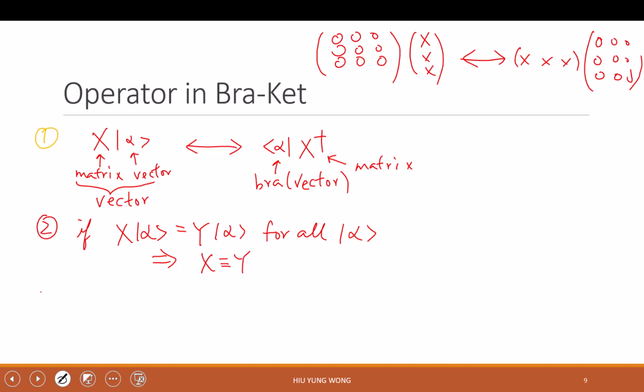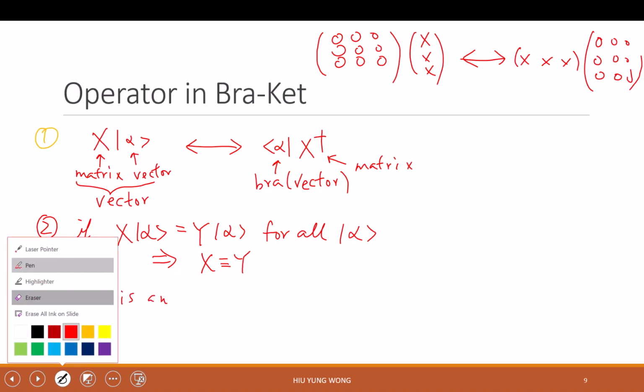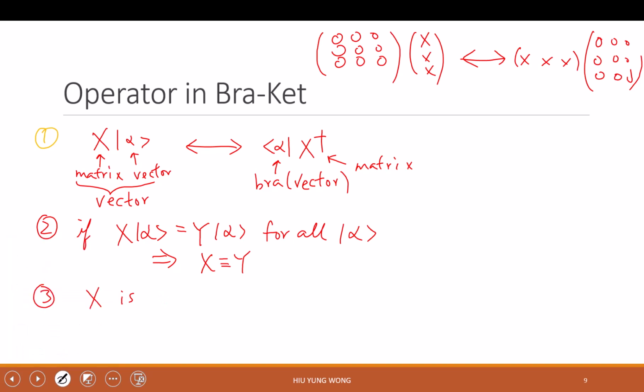Now, there's also something sometimes confusing in terms of notation. Okay? X is an operator if X times any vector equals 0.